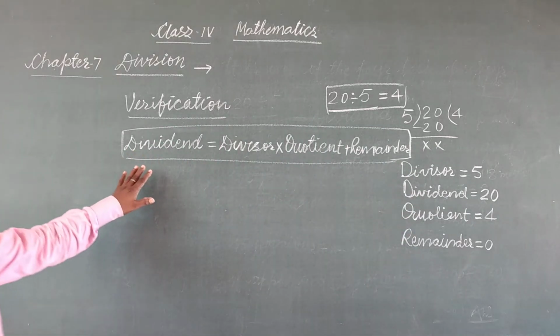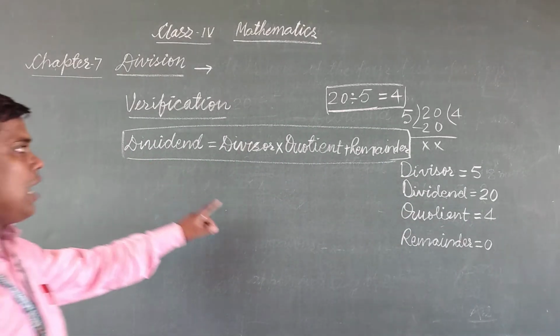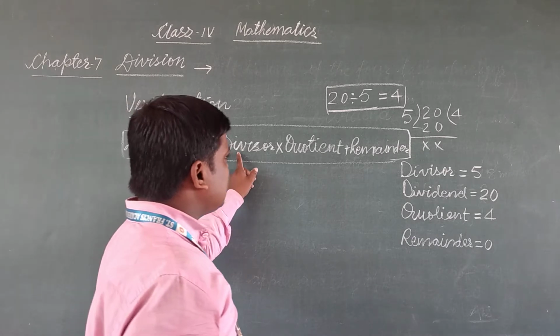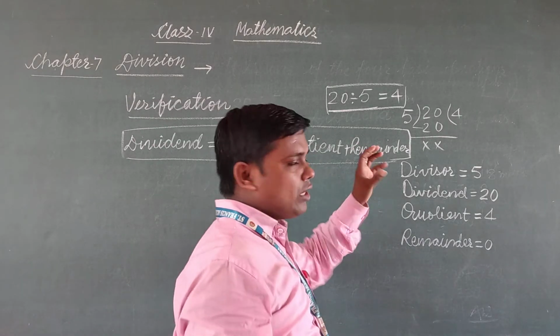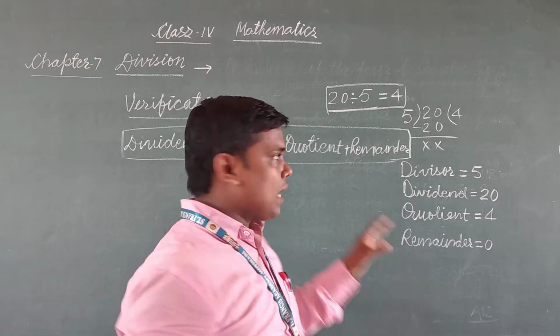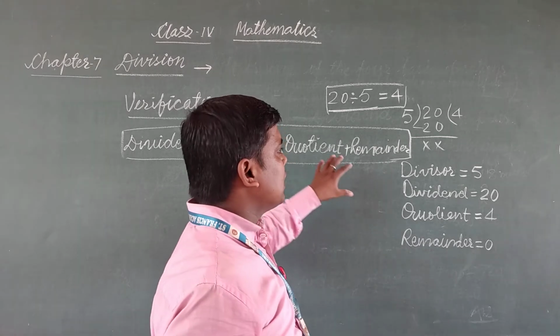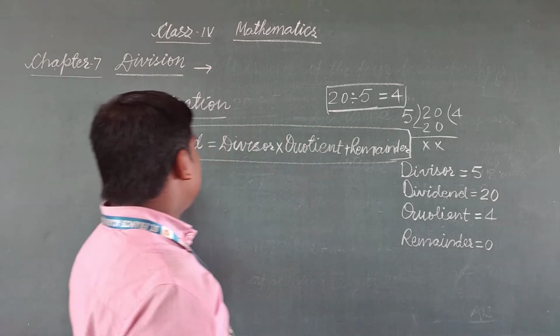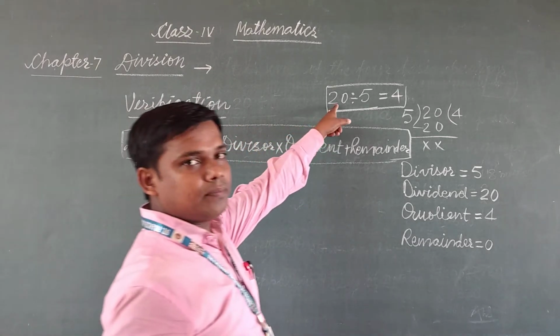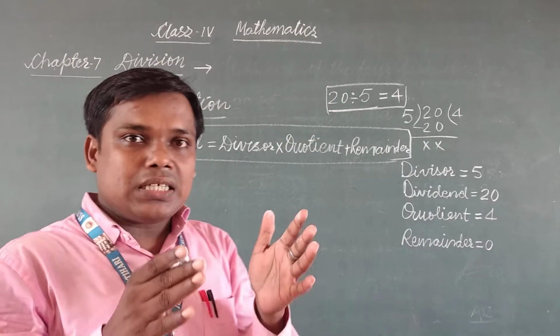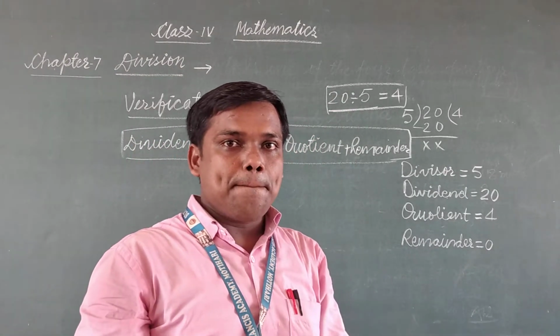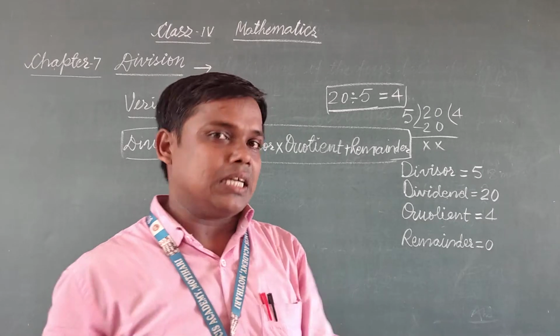So to get the dividend, we have to multiply the divisor and quotient, and the remainder we will add. After doing this, if the dividend comes, then we understand that our division is correct.